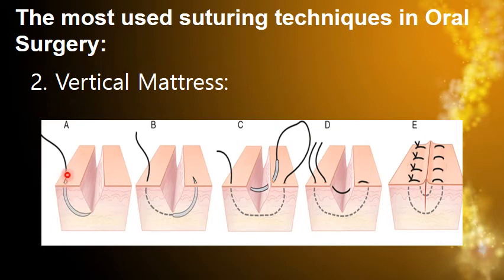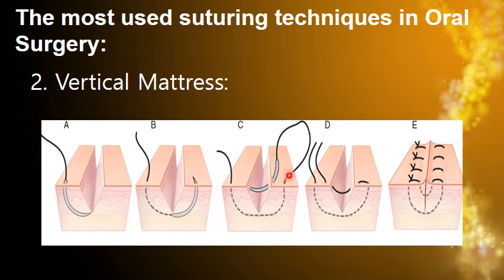The needle is passed from the far side. As we said, I leave 3 millimeter. In the case of vertical mattress suture, I will leave more than 3 millimeter. I will leave 5 to 6 millimeter and then enter the needle, and exit it also about 5 to 6 millimeter from the incision line.